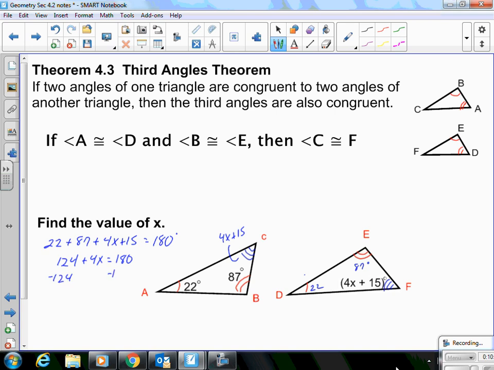Subtract 124 from both sides, and 4x is going to equal 56.